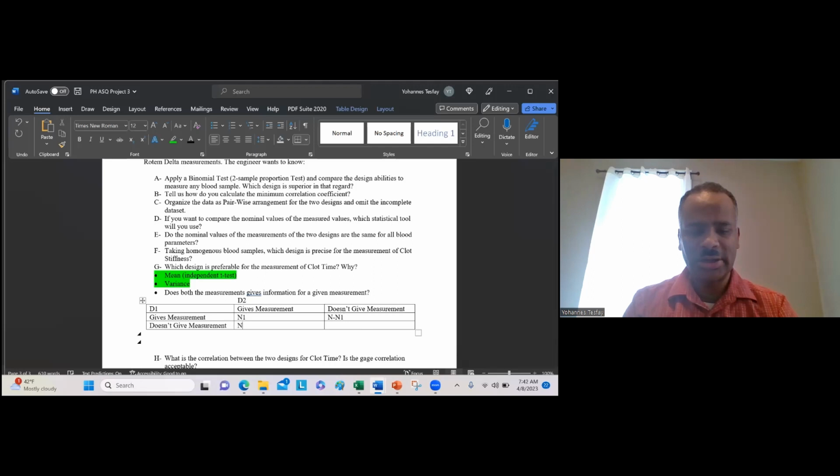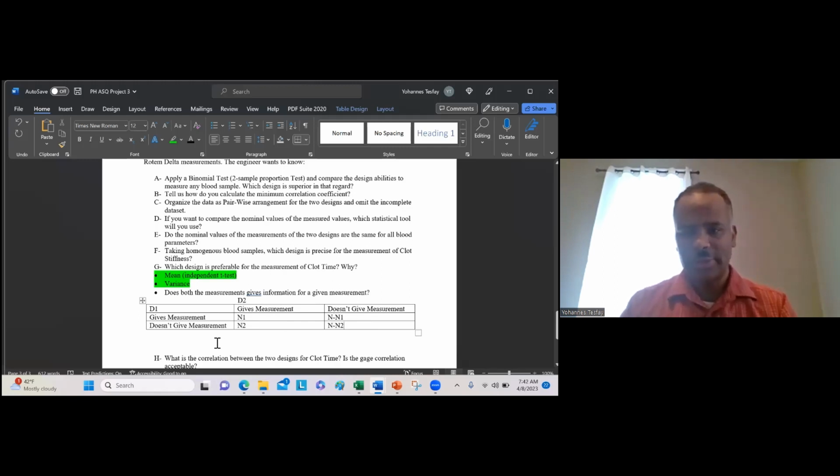Let's say this is N2, and this is total N minus N2. N1 in this scenario is the measure of sensitivity, and N minus N2 is the measure of specificity. So you have this information.